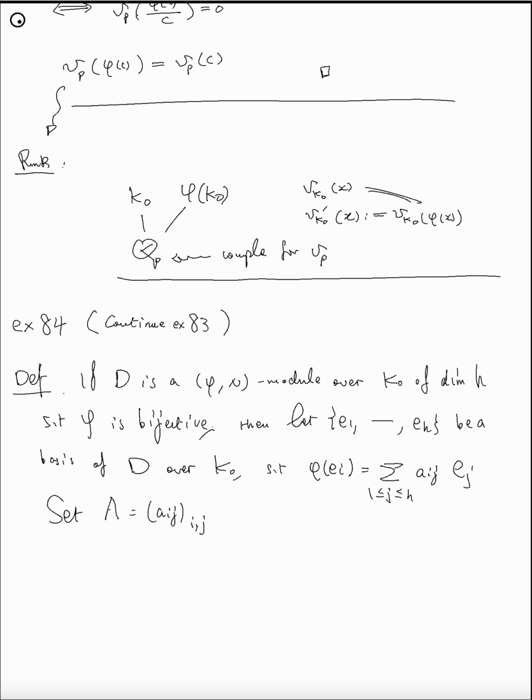And then, of course, we are going to define this Newton number using this matrix. So you see that this Newton number tells you more delicate information about this Frobenius, right?